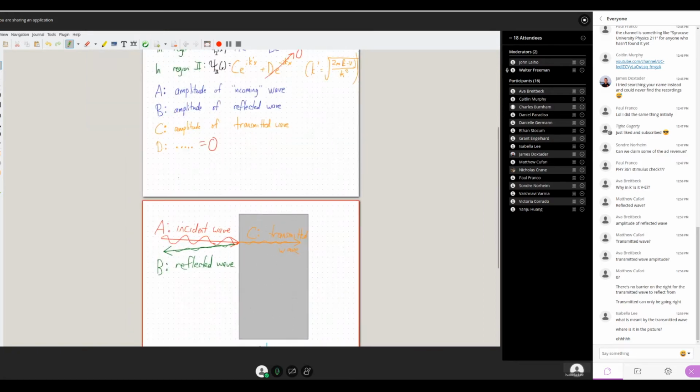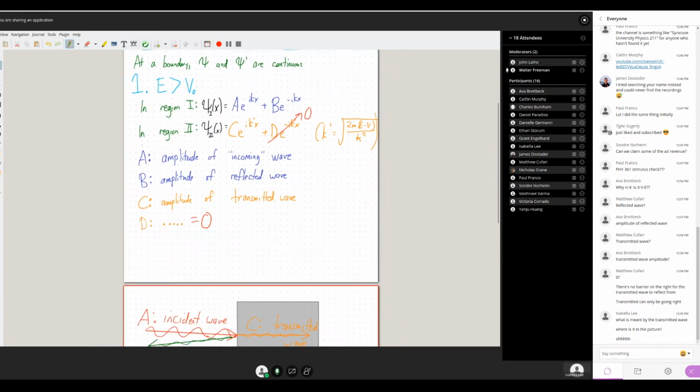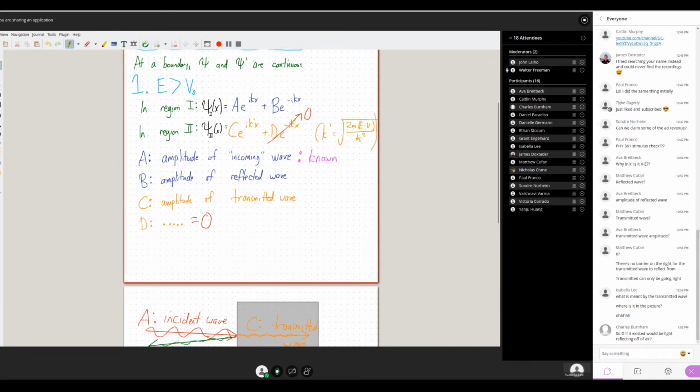The idea here is, if we're trying to understand the reflection of light off of a pane of glass, and this is a very good metaphor, as we discussed before with evanescent waves and total internal reflection, which we will return to. A here is known because this is what I am doing to my system.